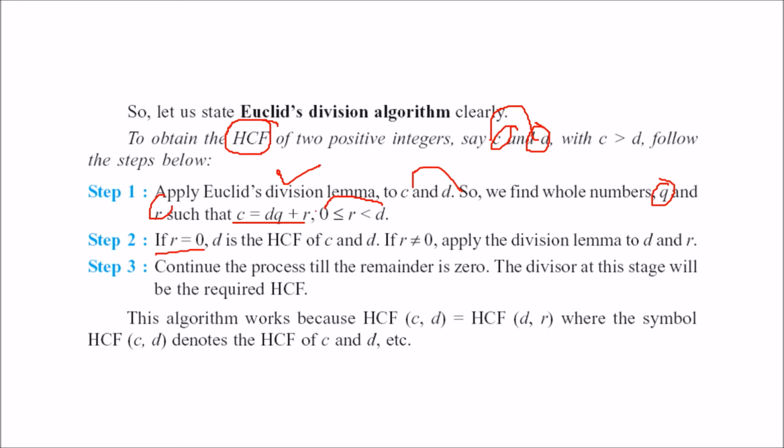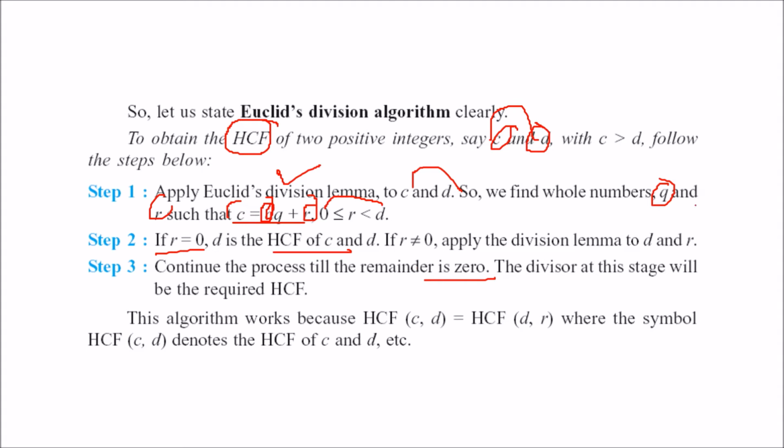If r has become 0, we conclude that d is the HCF of c and d. Otherwise, we continue by taking d again, till the remainder becomes 0.